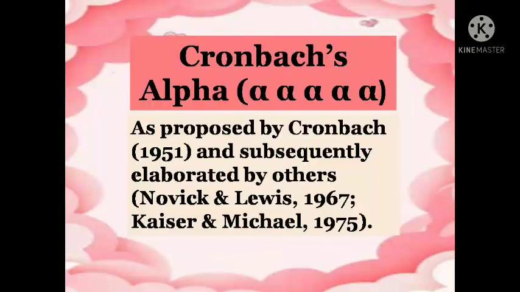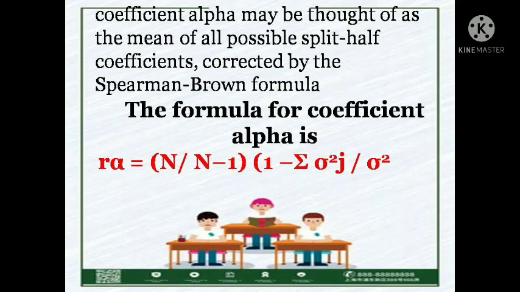Cronbach's alpha, as proposed by Cronbach and subsequently elaborated by others. Coefficient alpha may be thought of as the mean of all possible split half coefficients corrected by the Spearman-Brown formula.